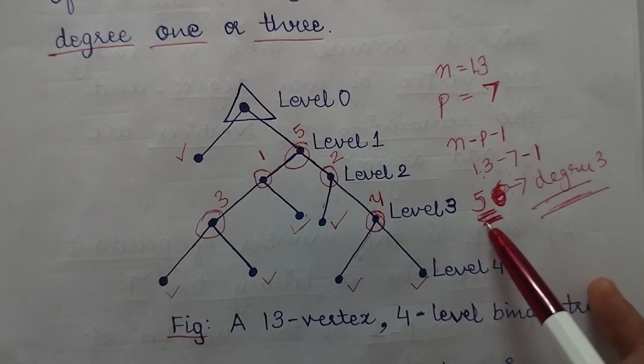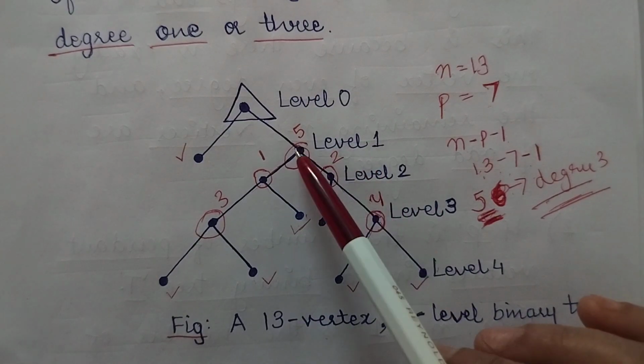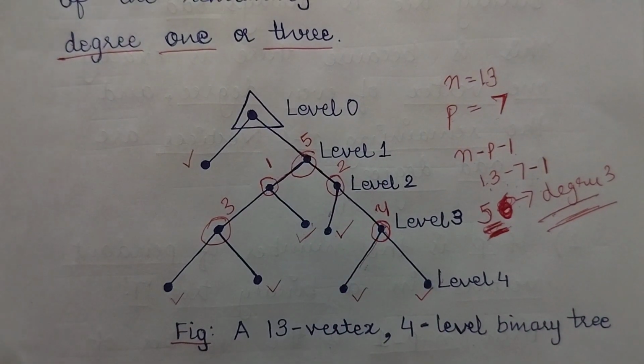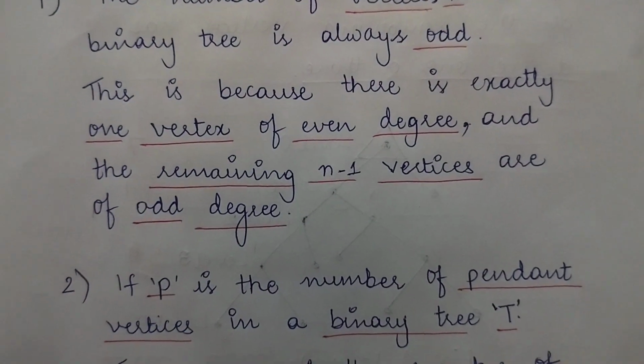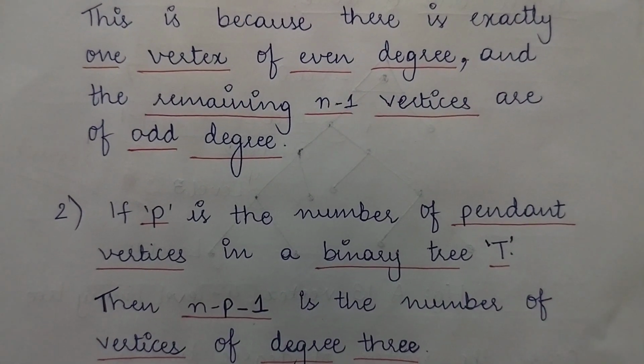That means I have in total 5 vertices with degree 3, which I have just found. So this condition also holds for this. So this is the second property of a binary tree.